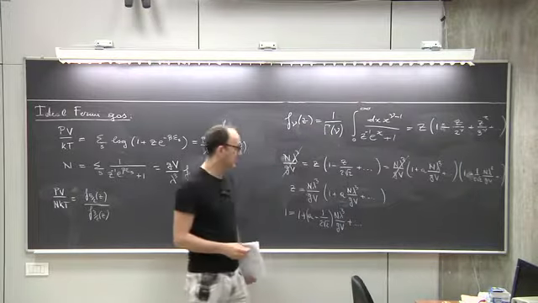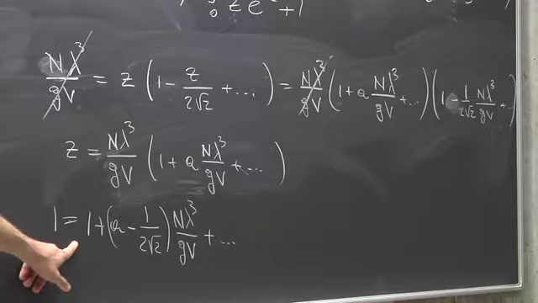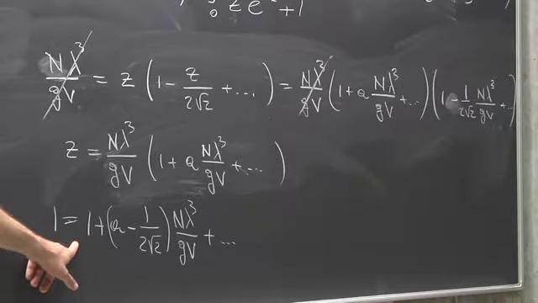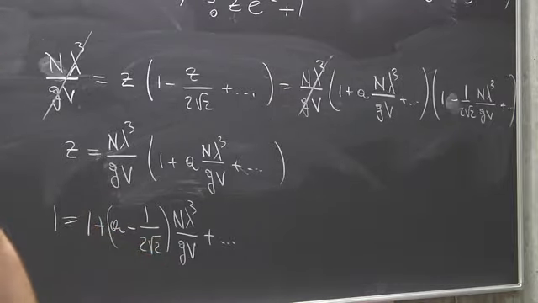Okay, so if this equation has to be satisfied, you see that a must be equal to 1 over square root 2.